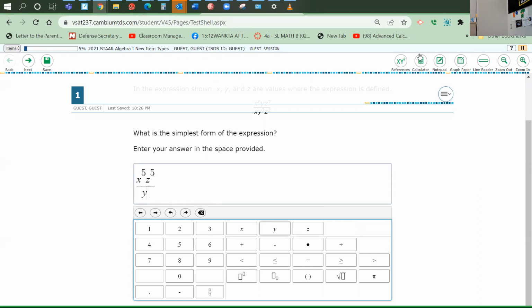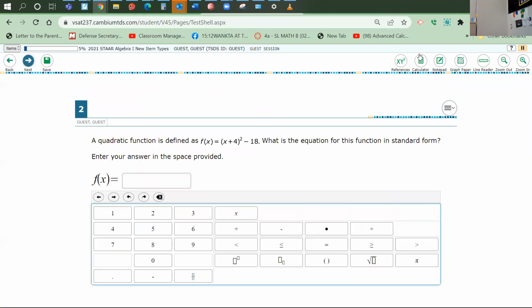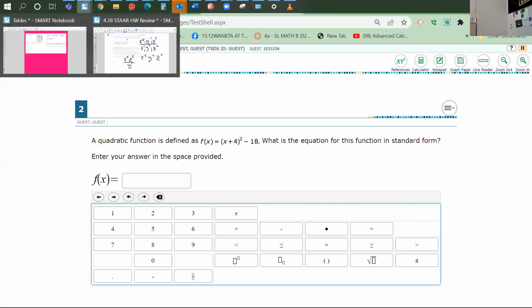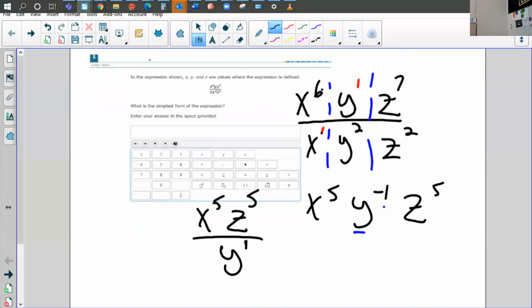So remember, also remember the rules for working with exponents. Let's go back real quick here. And again, these are all in videos from other classes.